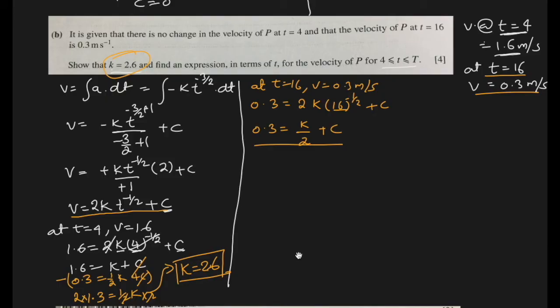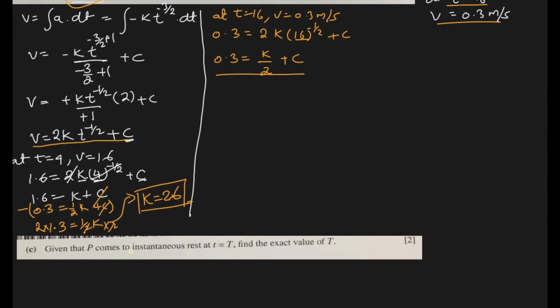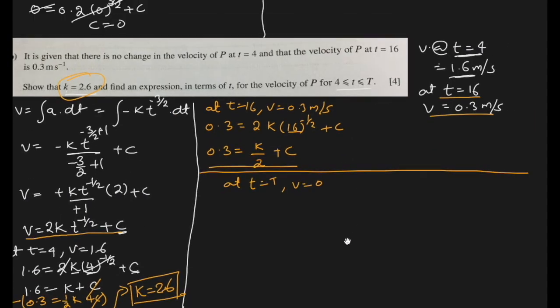Okay, let's see what the next part is. Now, given that P comes to instantaneous rest at t equal to capital T, so let me use this space. At t equal to capital T, v is 0. Find the exact value of T. For this T, the second equation is applicable.